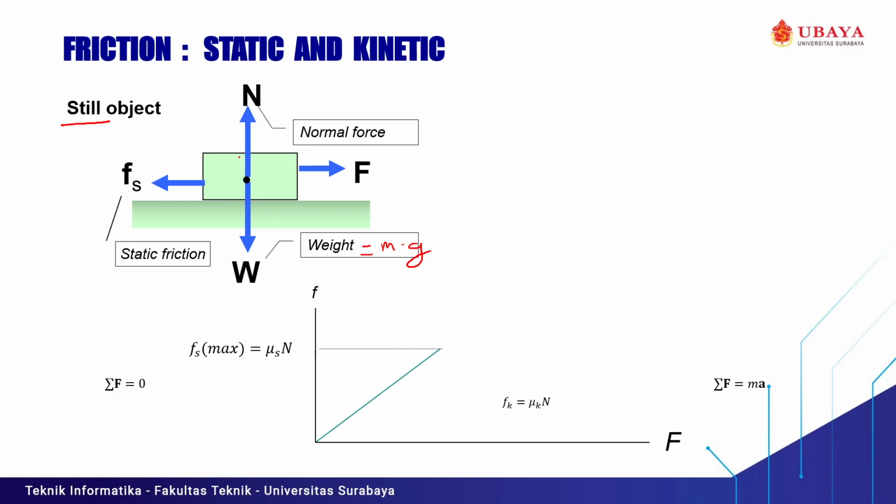And because this box lies on a surface, the surface will give a reaction force, which is what we call the normal force. Remember that the normal force is always perpendicular to the surface.